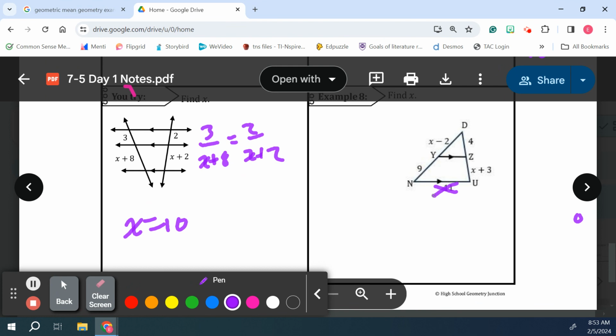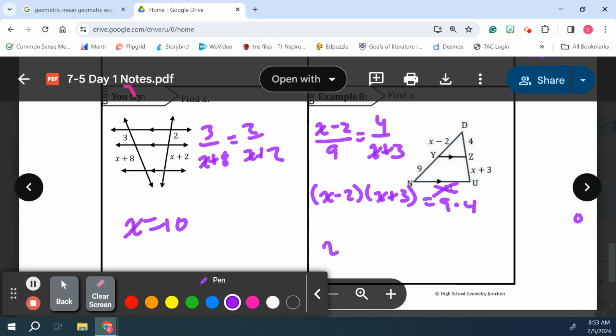Okay? So when you set this up, it's x minus 2 over 9 equals 4 over x plus 3. When you cross multiply, you're going to have to use the distributive property here because these two multiply together. In the end, though, you get x equals 6 as your final answer for that because you cannot have the negative answer. All right, questions on this?